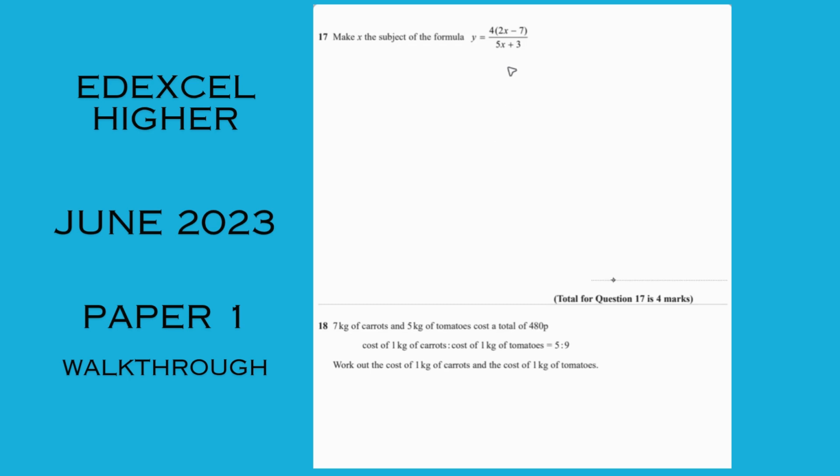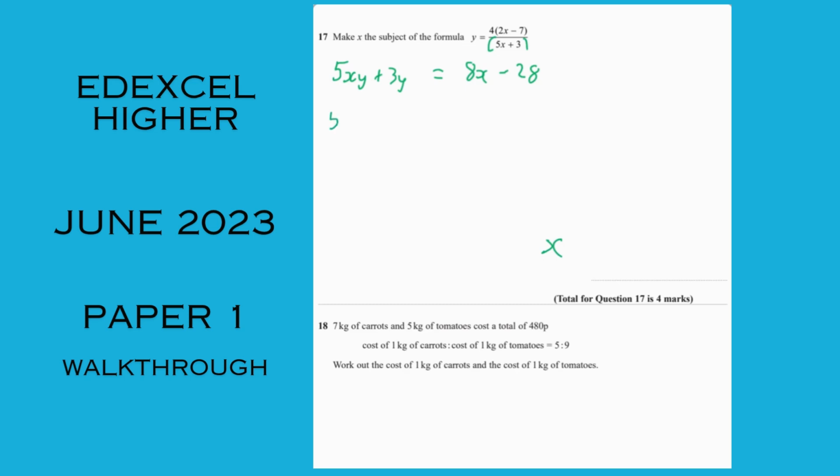So number 17, one of the trickier types of rearranging. But let's just crack on. Let's times both sides by 5x plus 3. So we get 5xy plus 3y. And let's expand the brackets on top. 8x minus 28. To get x equals in your answer as you want it, you've got to isolate the x's.